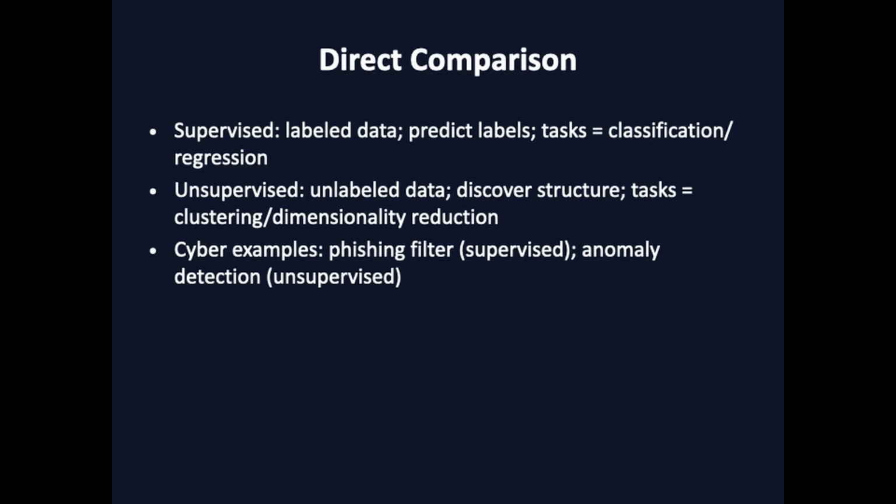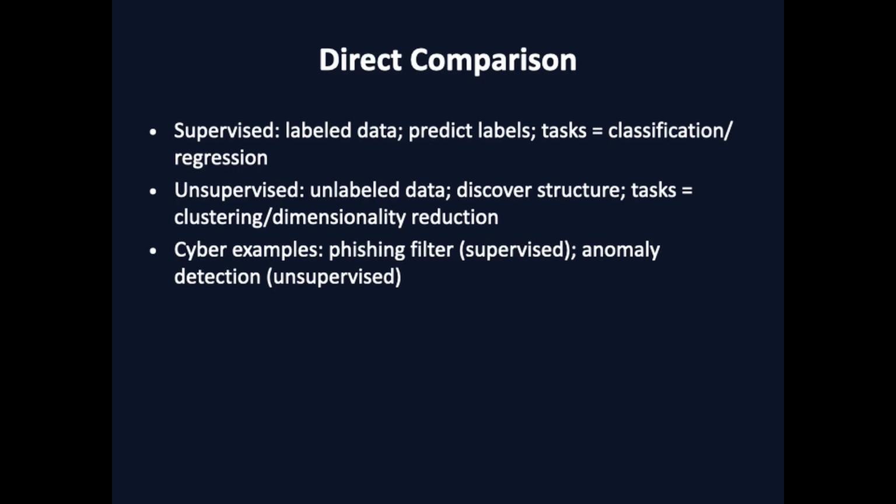Let's then compare supervised versus unsupervised learning. Supervised learning is going to have labeled data. It's going to be classified, and we're going to be able to run classification style tasks on it. With unsupervised learning, we have unlabeled data. We're attempting to discover the structure of that data and get help discovering that structure. A phishing filter might be used with supervised learning, whereas anomaly detection might be used for unsupervised.